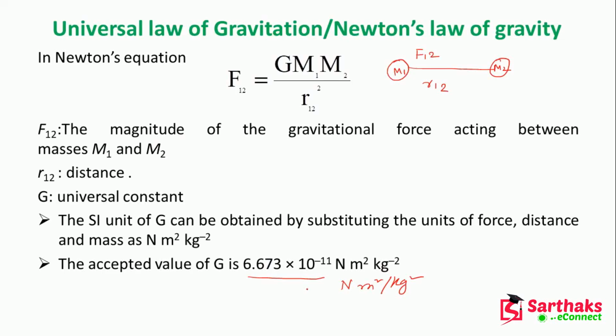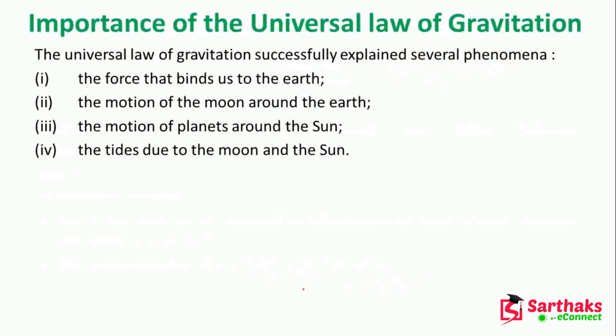Remember this equation because numericals will come where you have to use it. So F12 is G M1 M2 divided by R12 square.